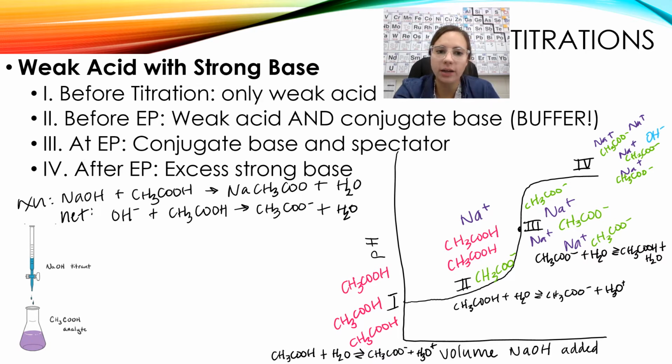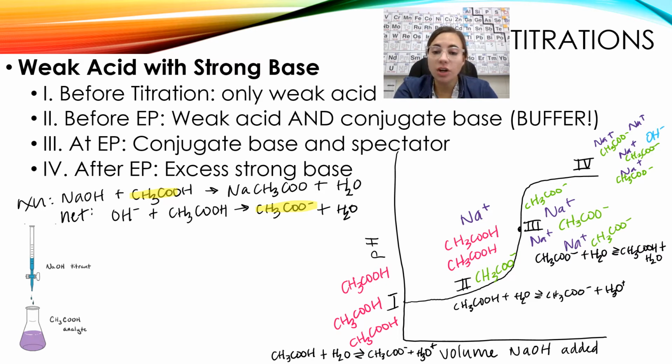So for our net ionic, we lose the sodium, but notice we do not lose the acetate ion. When this was a strong acid and base, we lost both conjugates because both of them were spectators. But now this time our acetate ion is no longer a spectator.